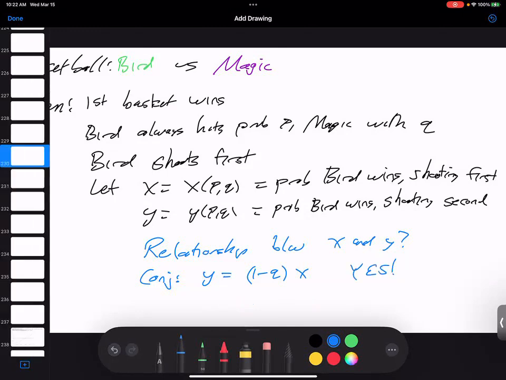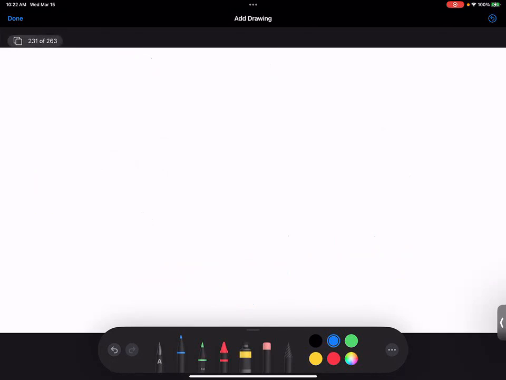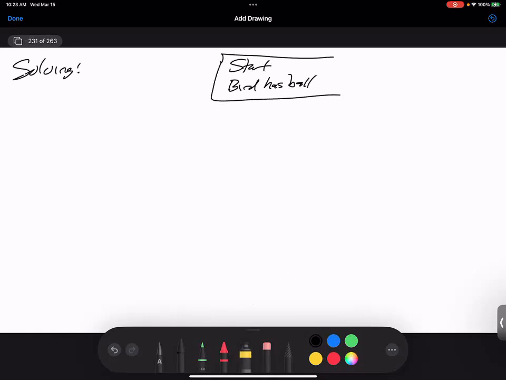Okay, so let's solve this. We've already solved this, but let's solve it using a flow chart again. So here's the start, and Bird has the ball. And so X is the probability he wins.